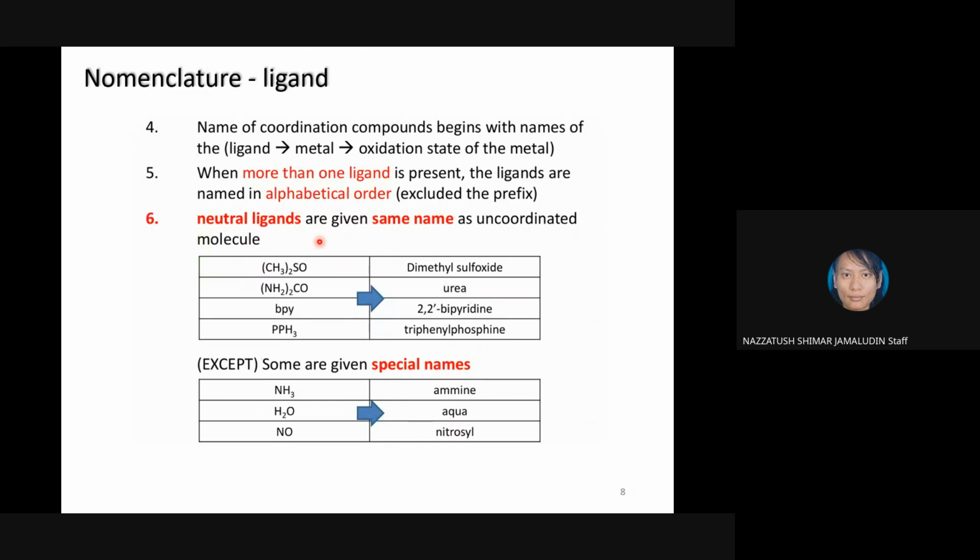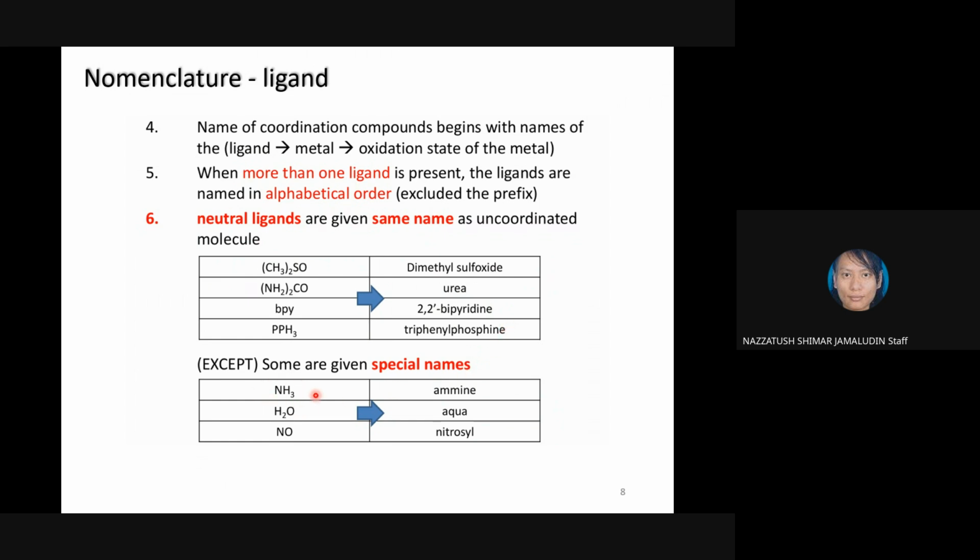Before coordination, DMSO is called dimethyl sulfoxide. When dimethyl sulfoxide coordinates with a metal, it still retains the same name, dimethyl sulfoxide. The same thing goes with urea, bipyridine, triphenylphosphine.